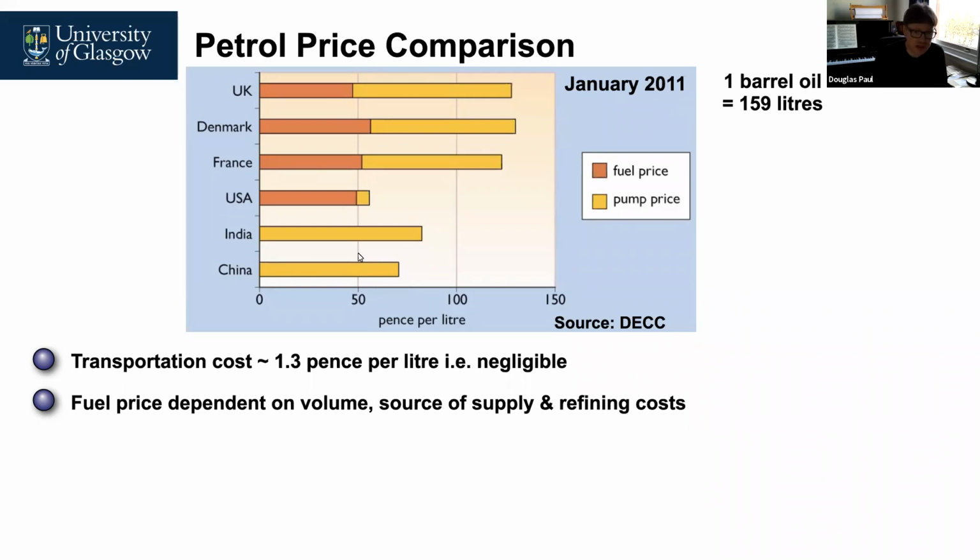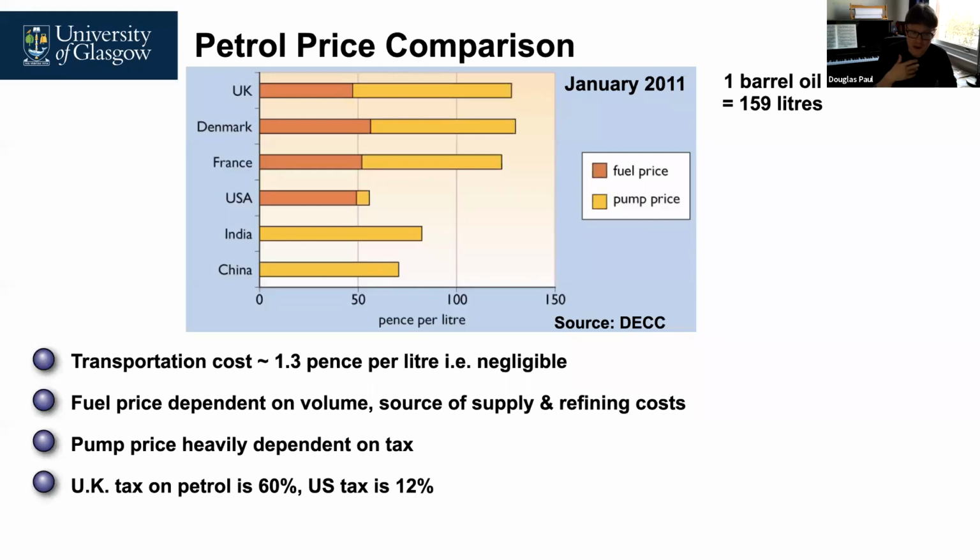And you can see in China, the taxes are less than the taxes are likely to be in India. Now, the fuel price here is going to depend on volume, source, supply, but also the refining costs. But the key point of this slide is taxation can make an enormous difference to the real cost of a fuel, whether that's electricity, whether that's a carbon-based fuel, fossil fuel, or any other form of energy.